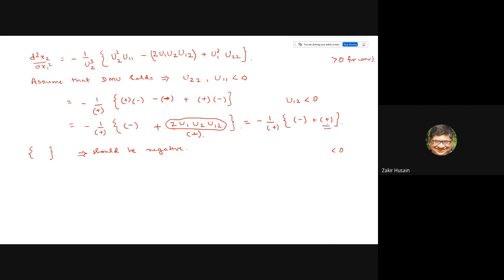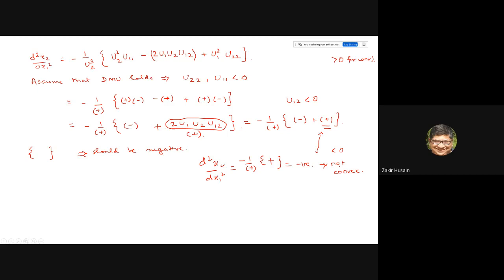Again, depending on the value of this term, this bracketed term can be positive. So this becomes negative, which implies that the indifference curve is not convex.